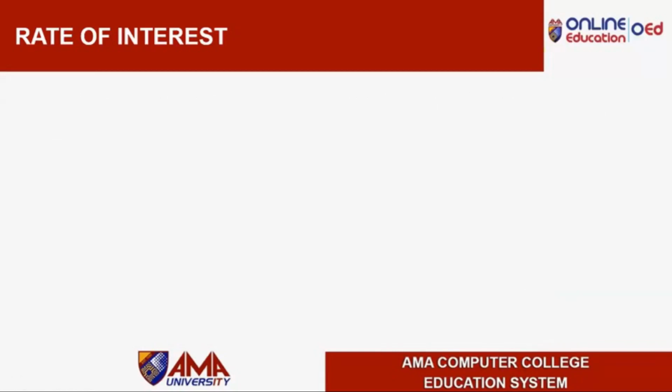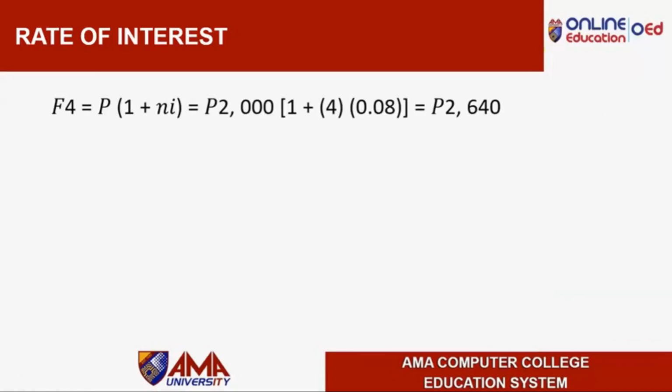So, to compute for the F1, first F4 is equal to P multiplied by 1 plus N multiplied by I, which is 2,000 multiplied by 1 plus 4, because it's 4 years, times 8%. So your total is 2,640 for 4 years.